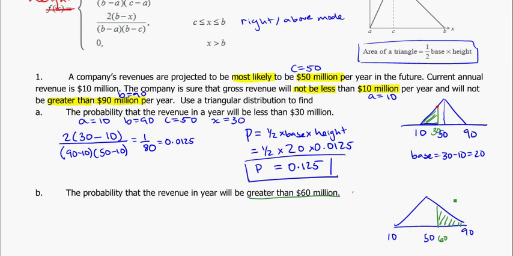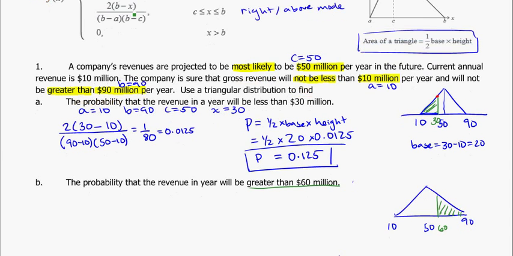So since I'm looking for things above the mode for my height, I'm going to use this formula here, 2 times bracket B minus X. So again, A here is equal still to 10, B is equal to 90, C is equal to 50, and my X in this case is equal to 60. Now I'm just writing those out to try to eliminate myself making mistakes in the formula.